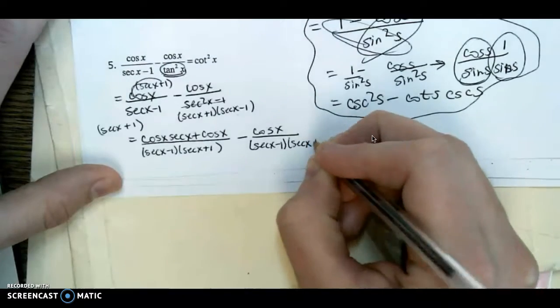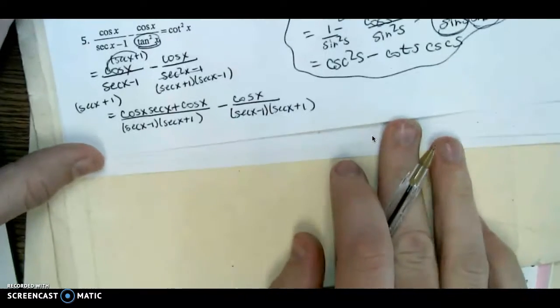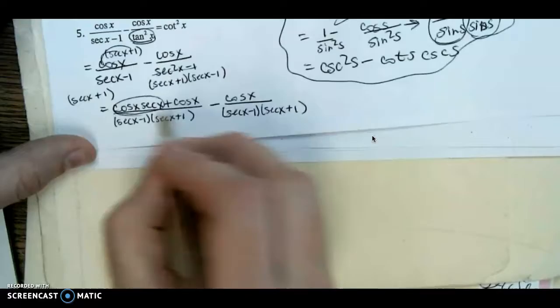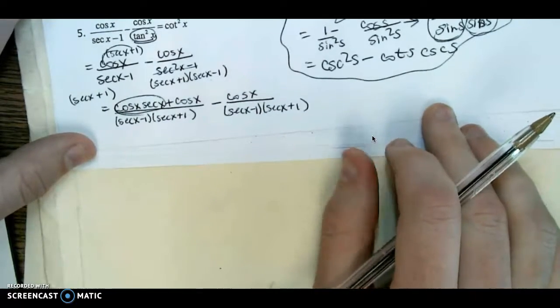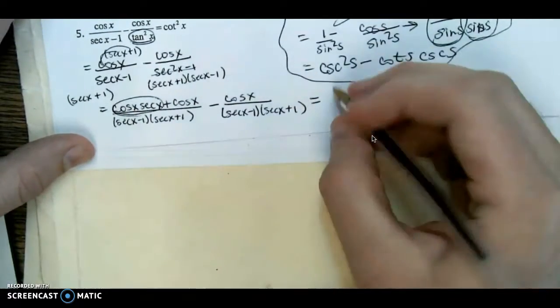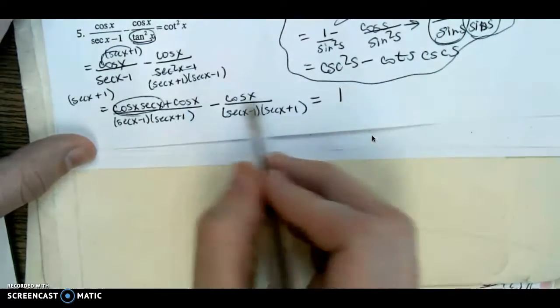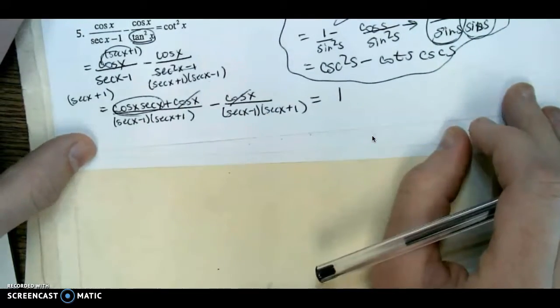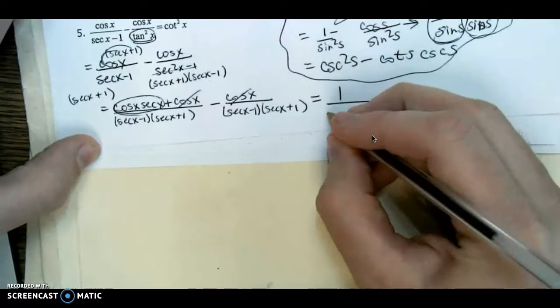And now you can take cosine secant, and that is a reciprocal property, and it becomes a 1. You also, when you subtract the cosines, make 0, so you just have 1 on top over your common denominator.